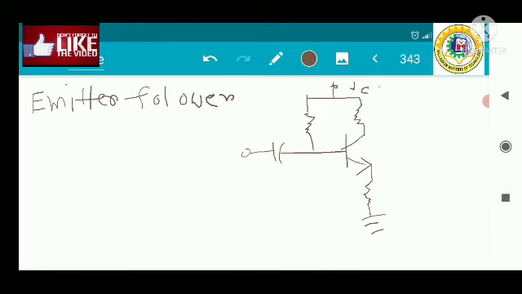This will be your VCC, and this will be your RB. This will be your RC, this will be your RE, and this will be your Vin. And this will be your capacitor C1.